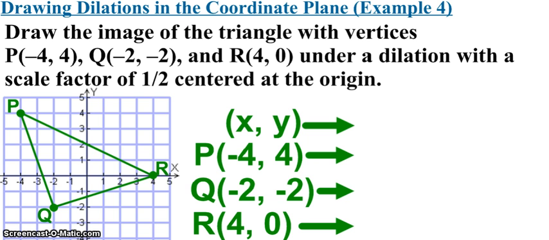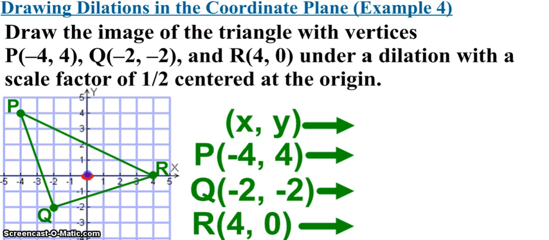All right. The center is going to be at the origin. And remember, the origin is located right here where that red dot is. Now, we're going to dilate this by 1/2. We're going to make this triangle smaller. And how are we going to do it graphically?